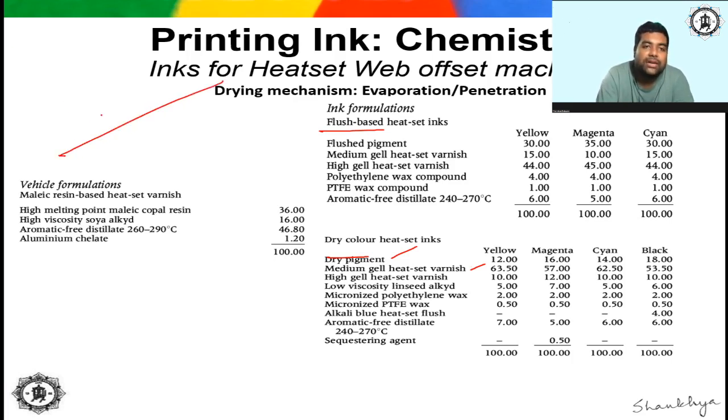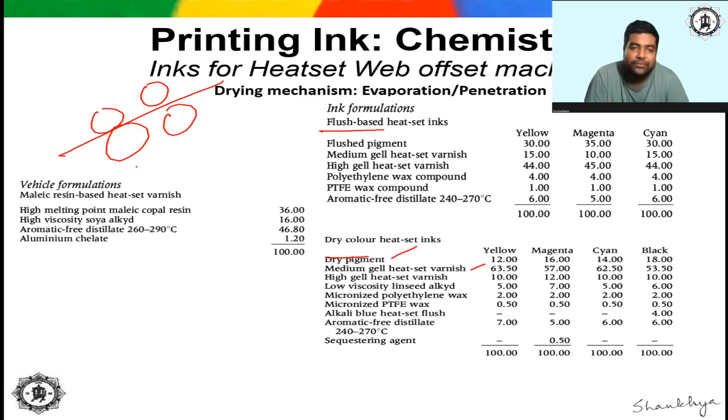The web of paper passes through heating rollers, and the temperatures are progressively increased and progressively decreased, and after that there is another stack of chiller rollers. That means the temperature is again reduced.